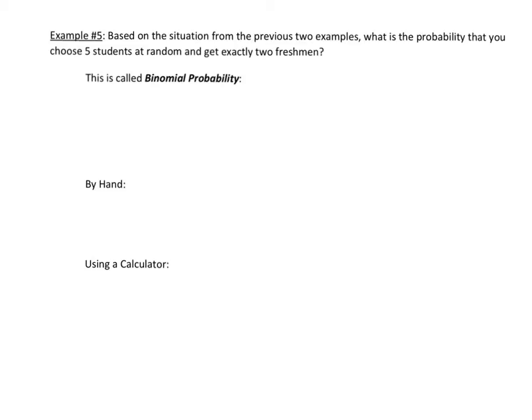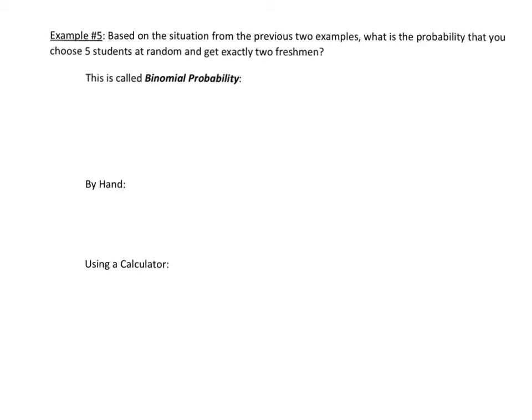Unfortunately, this does require a little bit more math. The good thing is that your calculator can do a lot of the math for you. So we'll do it by hand first, and then we'll use a calculator. But first I'm going to define what this actually is. This is what we call binomial probability.